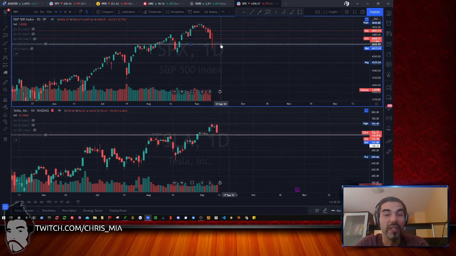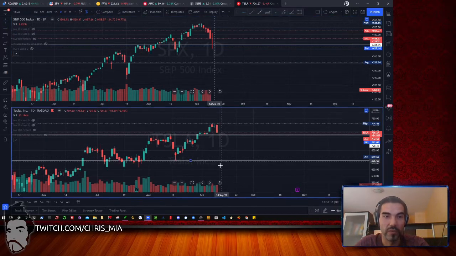This will not be a good scenario. We don't want to close on the daily underneath any support. We don't really want to close on the hourly normally on any important supports, right? That would mean more red to come, which would also mean Tesla breaking further down to another level around the next support here.